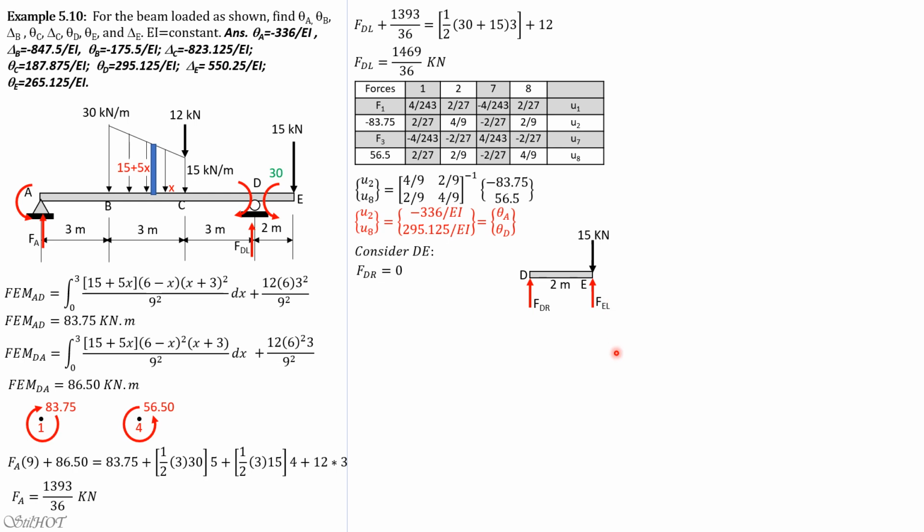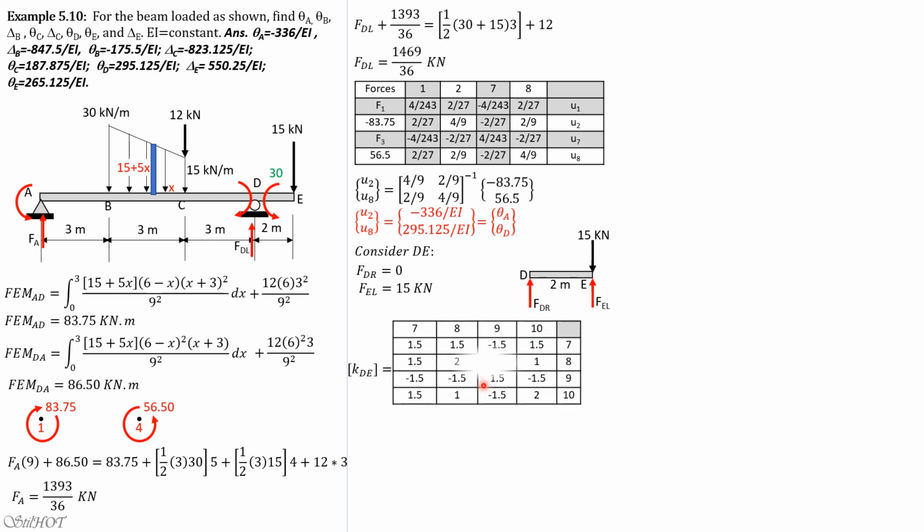FEL is simply 15 upward. So FDR is 0, FEL is equal to 15, and there are no fixed moments. So KDE would be 12 divided by 2 cubed, so that's 1.5. And we already have an experience about this, so you just cut and paste those values.